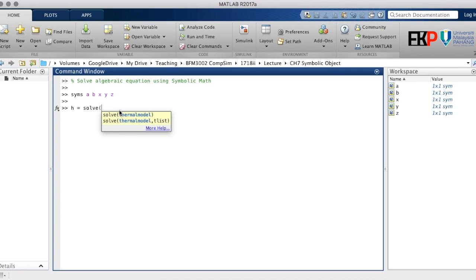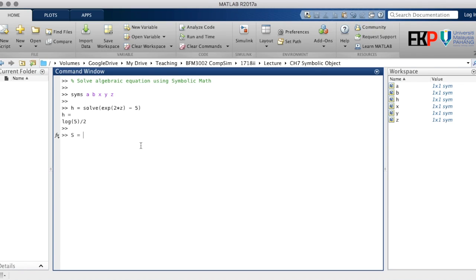In this case, I define h as the variable. So h is equal to solve of exponent of 2 times z, for example, minus 5. So this is our symbolic expression, and we want to solve this expression. When we press enter, we get the answer log 5 over 2. This is the solution assigned to the variable h.